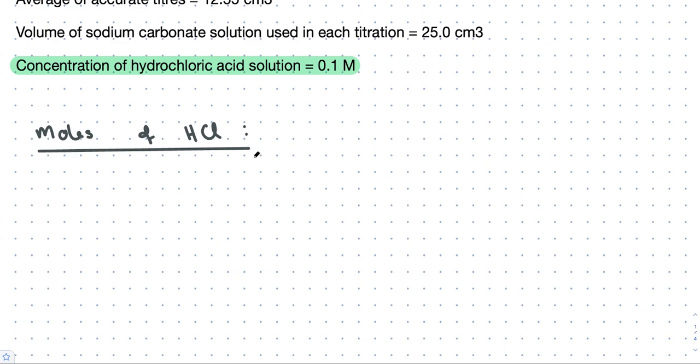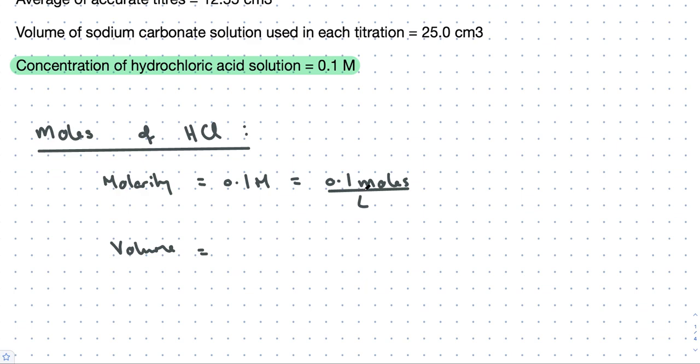So moles of HCl is going to be, well, I know molarity, so I'm just going to write down what I know. Molarity is 0.1 moles per litre. So if you like using your dimensional analysis, you can write your units out. So moles per litre. And the other thing we knew was the volume. Now, if this is in litres, I would like my volume to be in litres as well.